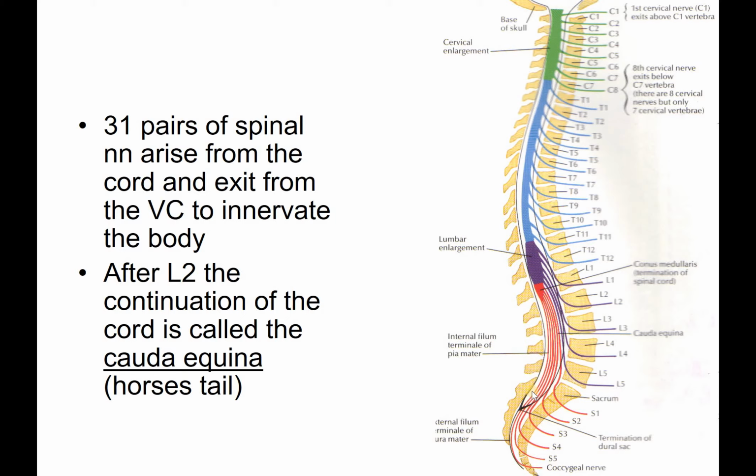So the continuation of the spinal cord is the cauda equina, and that translates to horse's tail. You can see the cervical nerves that come out, and the thoracic, and the lumbar, and sacral.